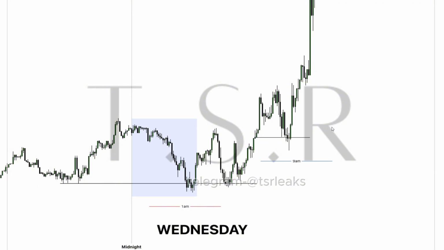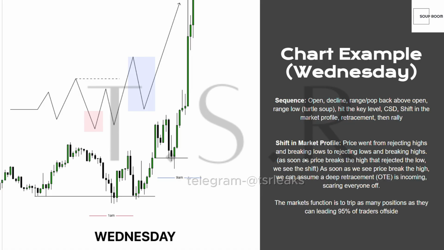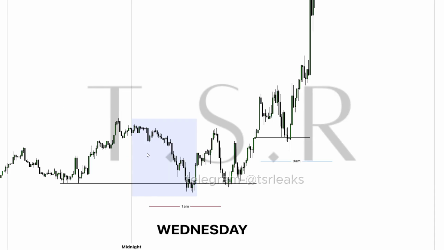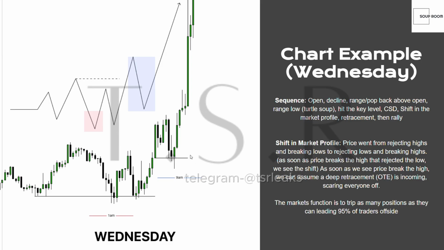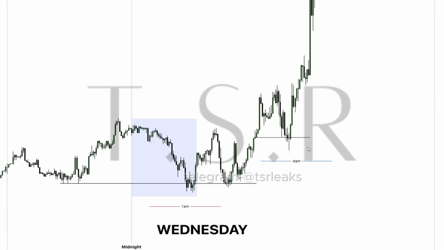So here is a lower time frame of the exact same image that we just looked at. On the lower time frame, I want to explain that price went from breaking lows and rejecting highs to breaking highs and rejecting lows. All right, this is midnight of Tuesday.